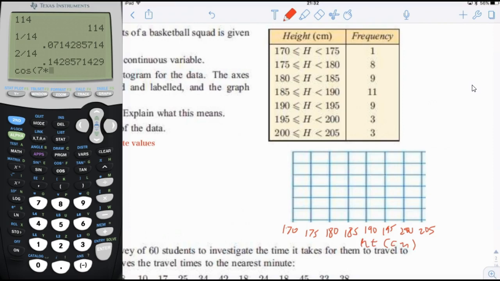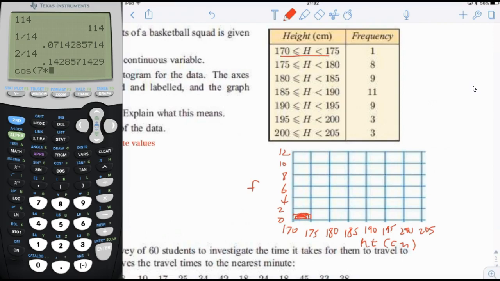And then on the y-axis, we're going to mark the frequencies by 2. So 0, 2, 4, 6, 8, 10, 12. And then since this is a continuous variable, we're going to make rectangles that touch each other.